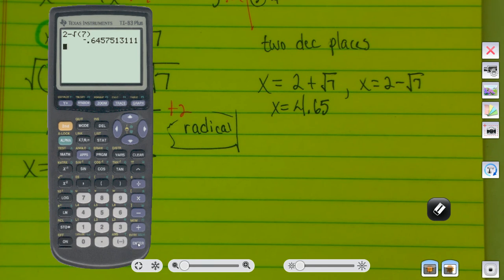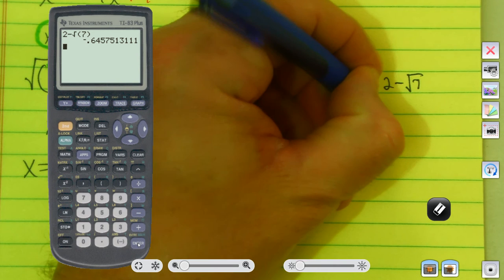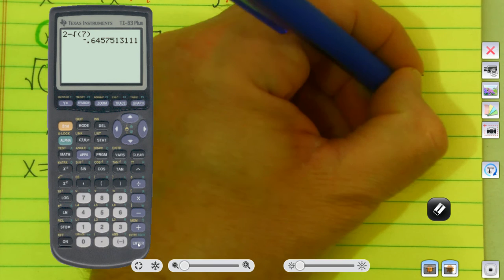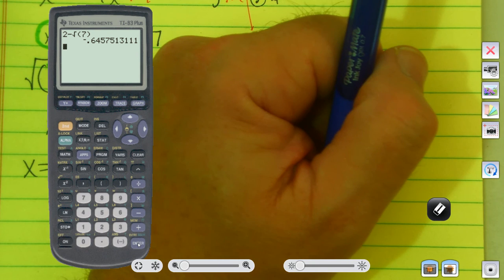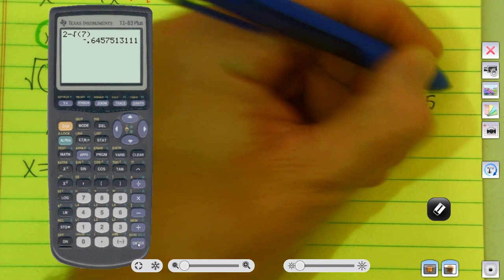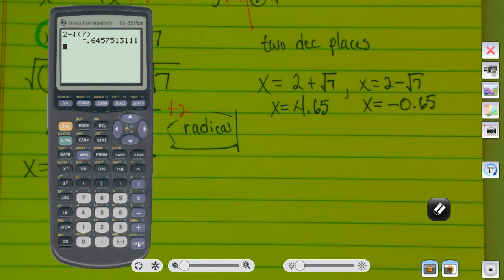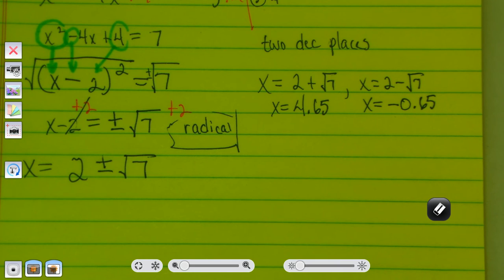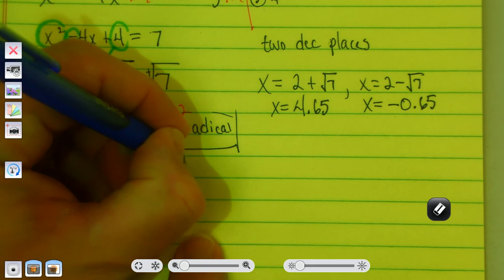Okay, so this would be x is equal to negative, I'm going to put a 0 point, it says 645, so it'll be 0.65. So that's a decimal answer when I approximate the decimal, and then I also have my radical or my irrational answer.